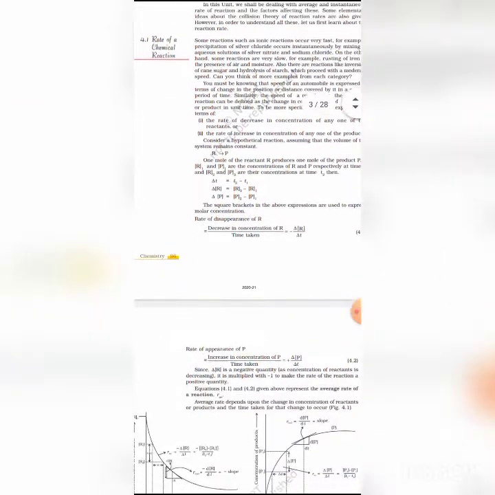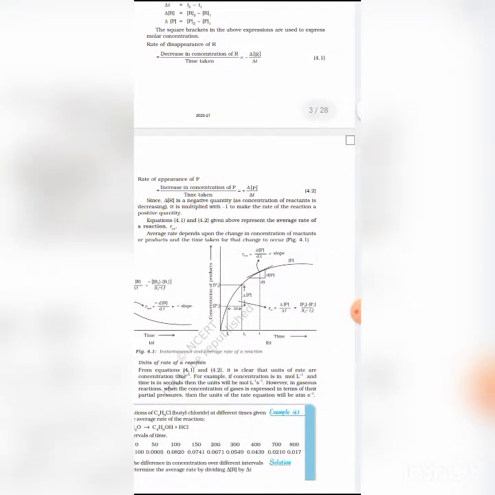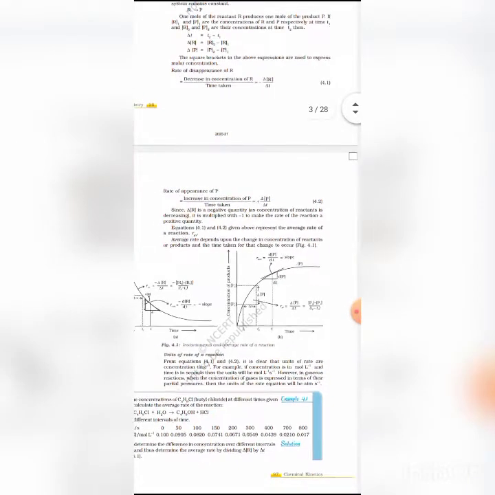Student, instantaneous rate of reaction. Instantaneous rate of reaction means the rate of reaction at a particular moment of time, measured as a very small concentration change over a very small interval of time.